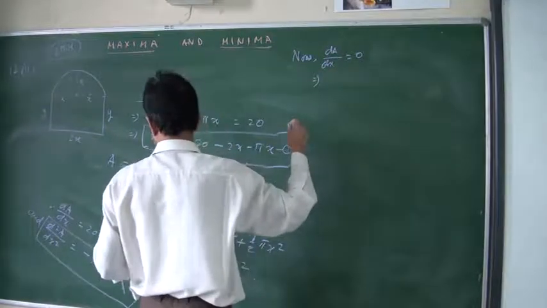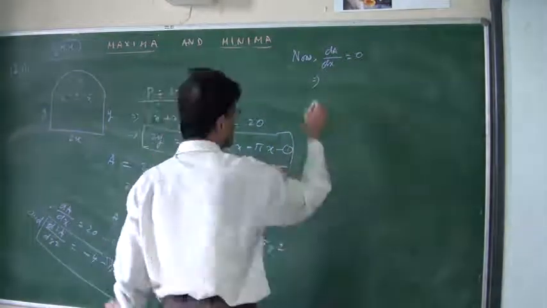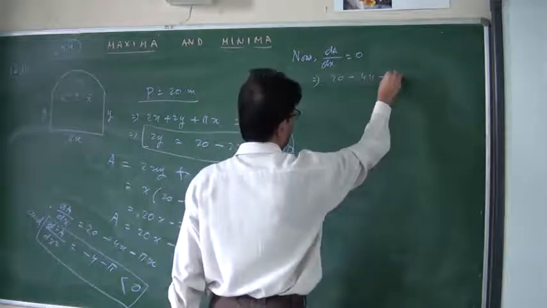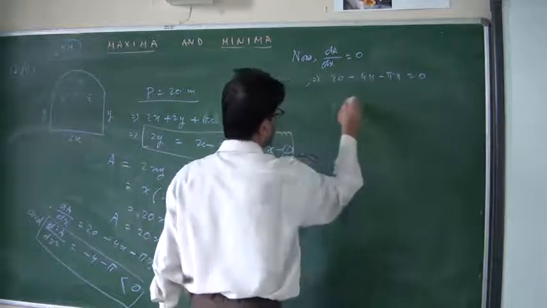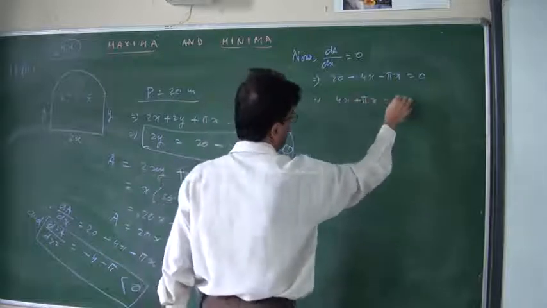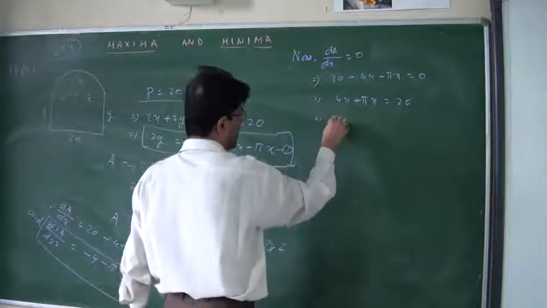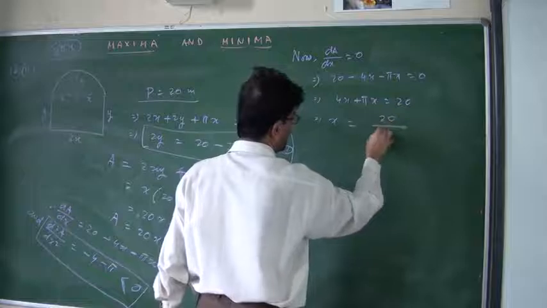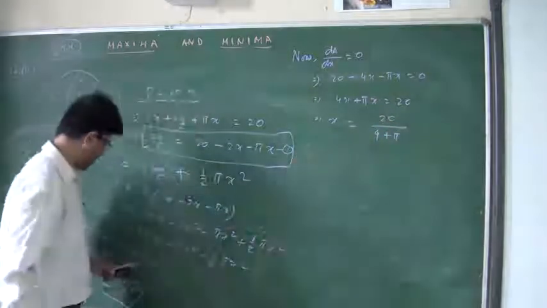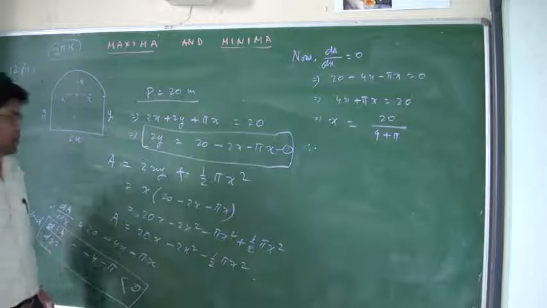That implies 20 minus 4x minus pi x is equal to 0. That gives 4x plus pi x is equal to 20. x value is 20 over 4 plus pi. Therefore, I have already got second derivative less than 0.